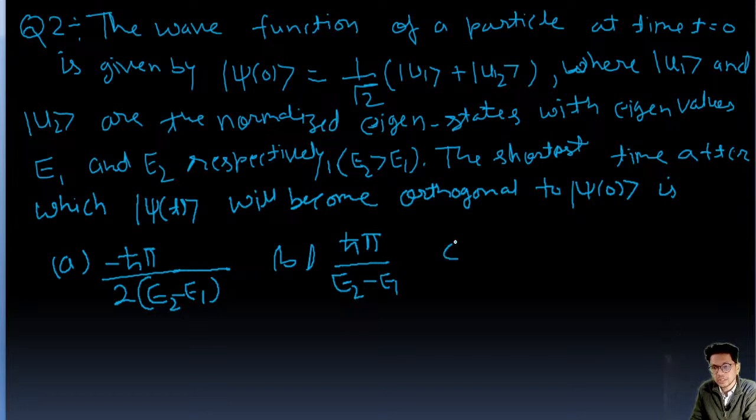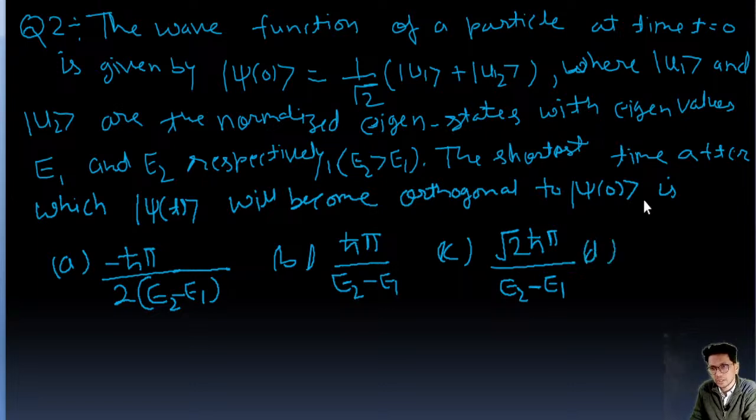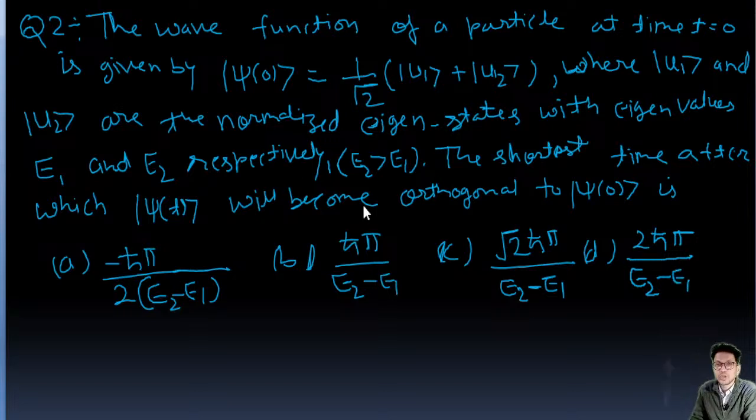Option C is root 2 ħπ upon (e2 minus e1), and option D is 2ħπ upon (e2 minus e1). Okay, so this is the question.